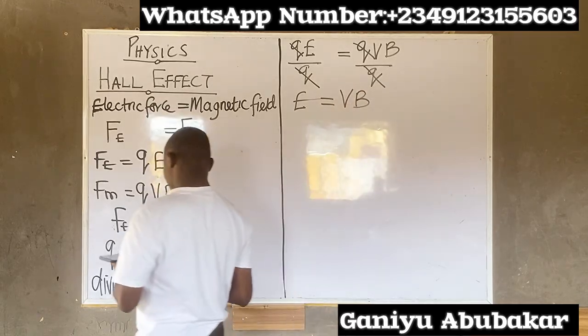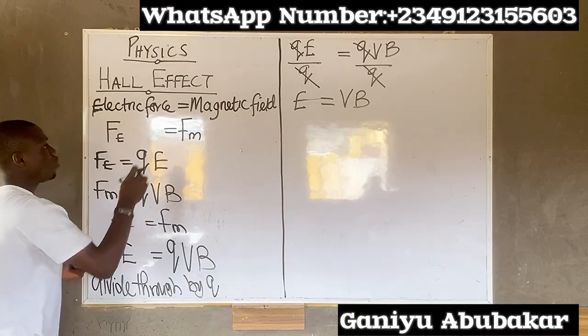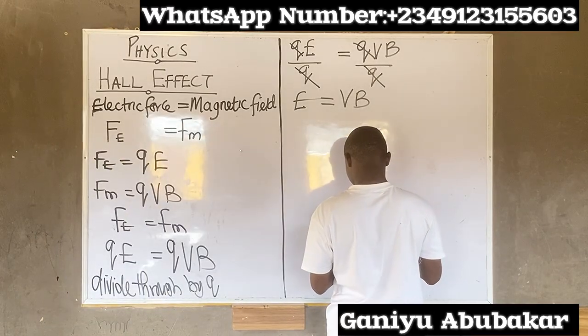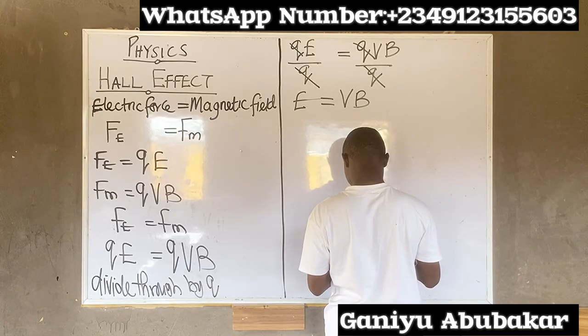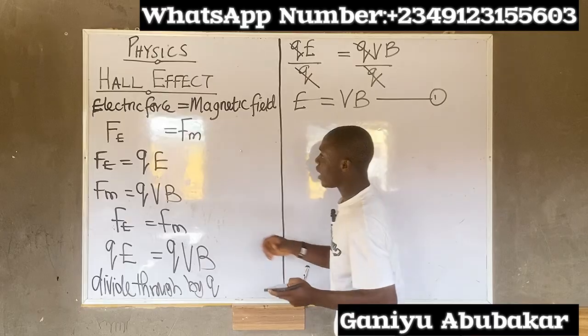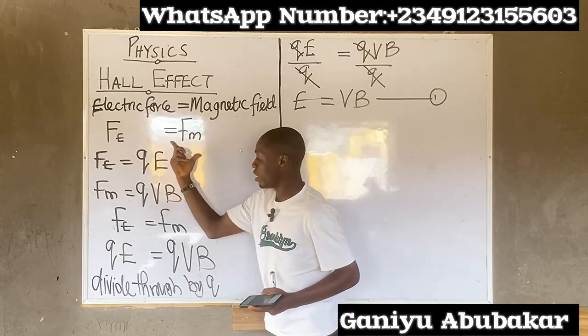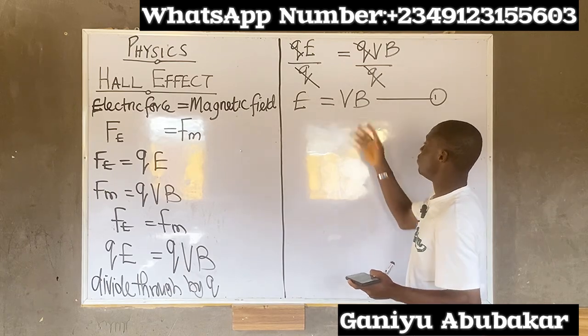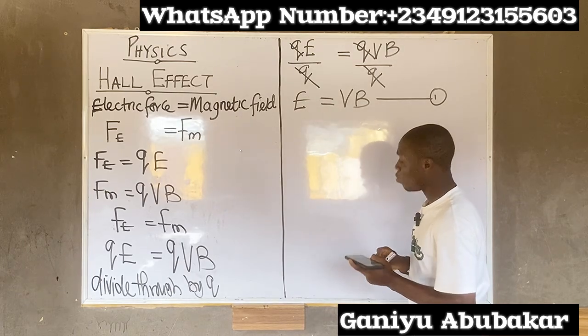Call this equation 1. So from here, I equated these two expressions, and at the end of the day I have an expression E equal to VB. Call this equation 1.